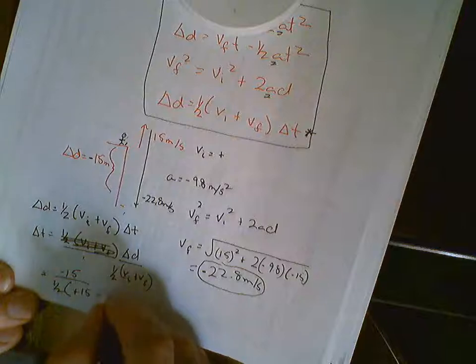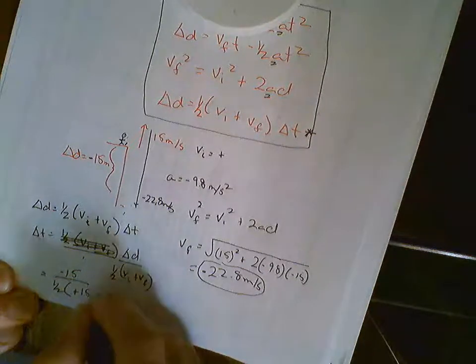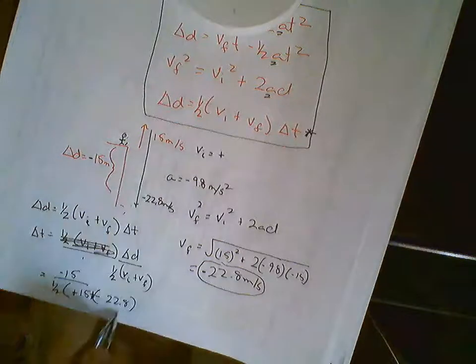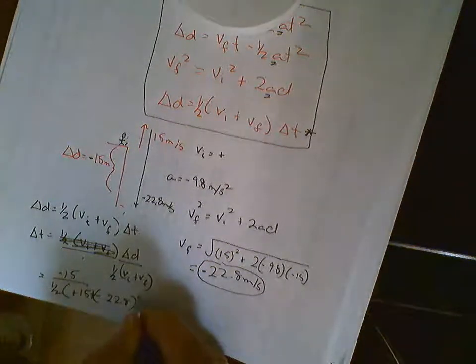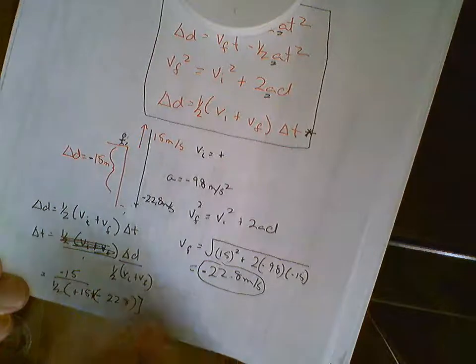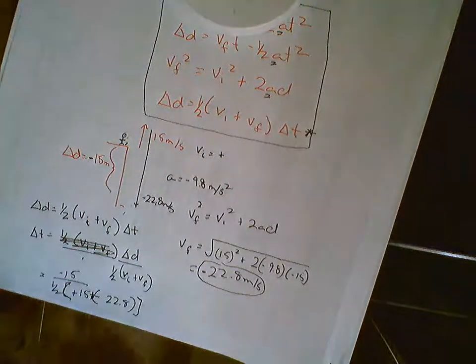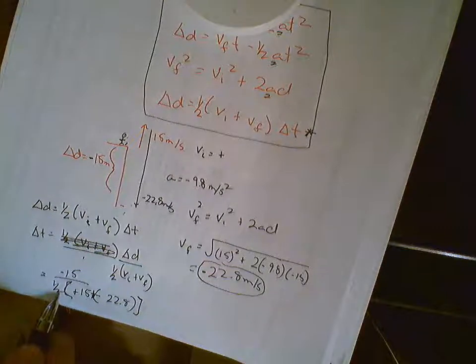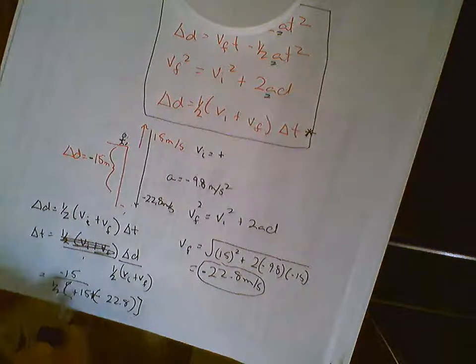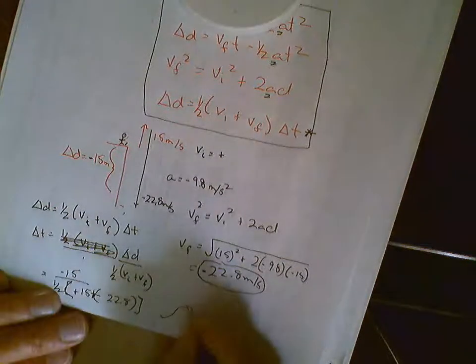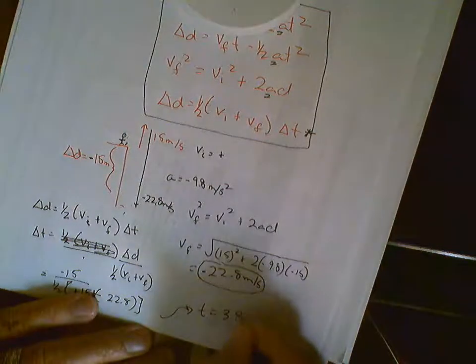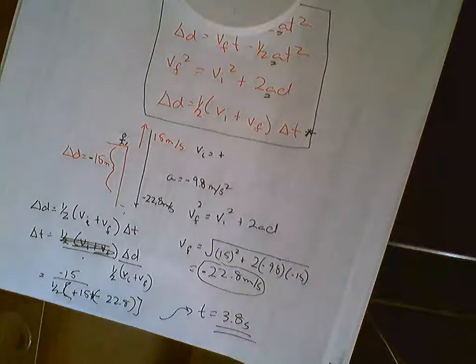And then you've got to subtract 22.8. And the reason you have to subtract is because that's negative. So it would be 15 minus 22.8, multiply that by 0.5, and then divide negative 15 by what you get down here. And you will get time equals 3.8 seconds.